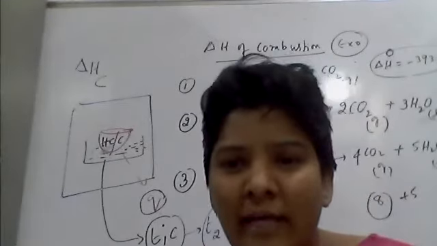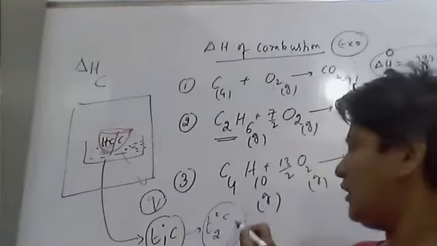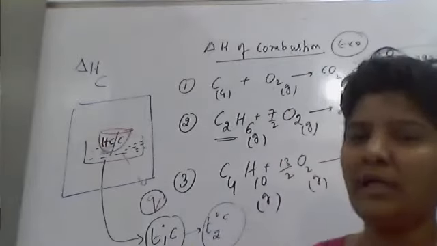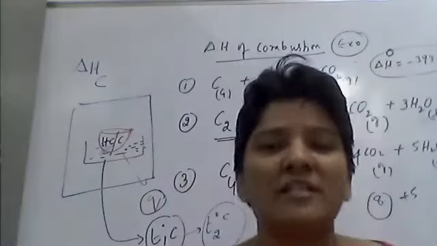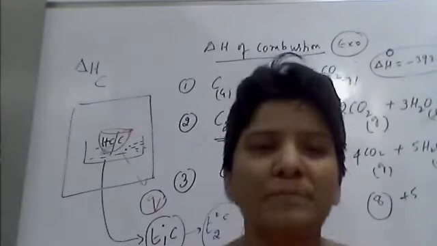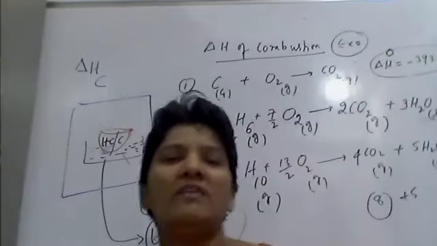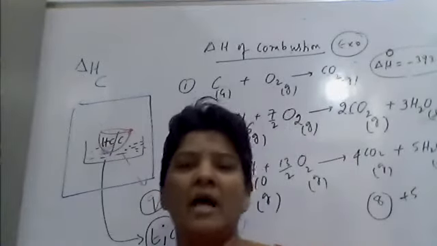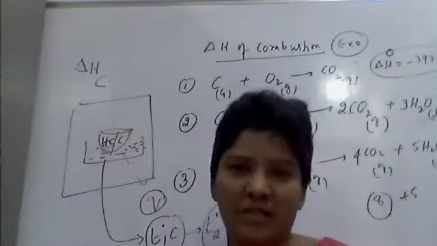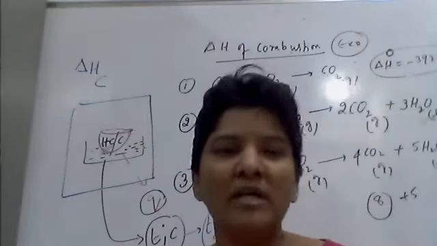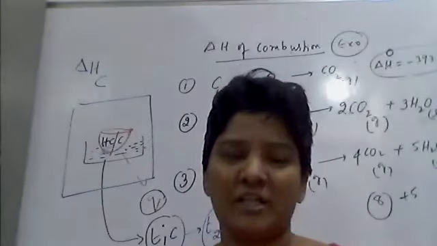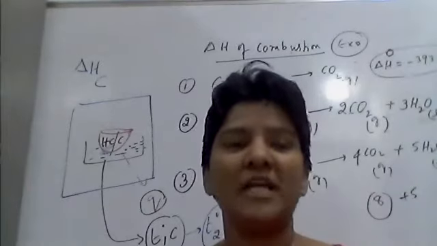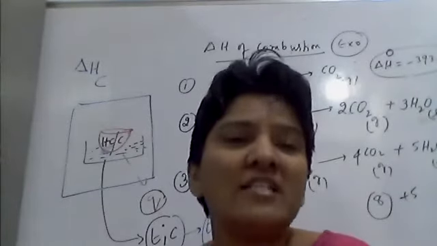So here T2 minus T1 will be what? The difference in temperature. This is given as theta. Generally the reaction is exothermic, so the difference will be an increase in temperature, or you can say a rise in temperature.